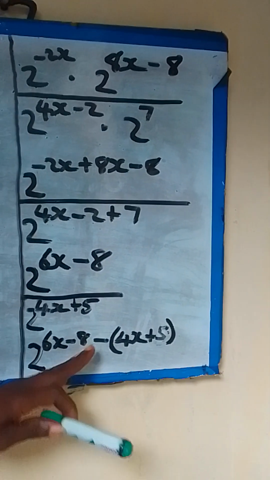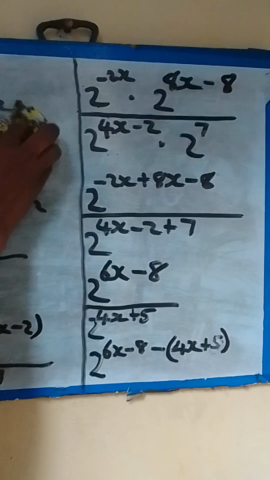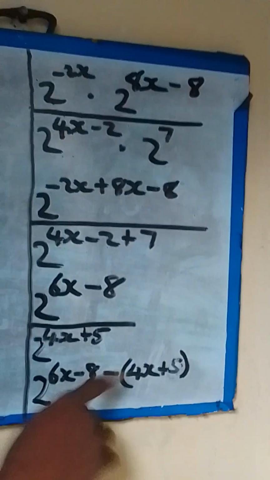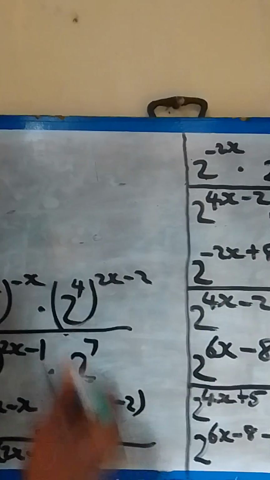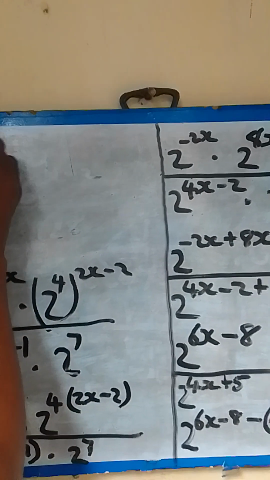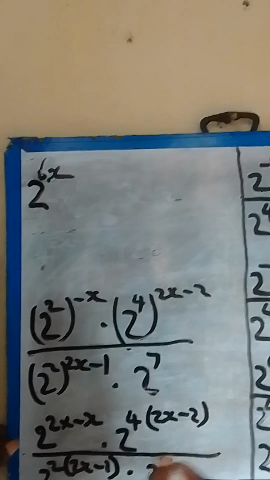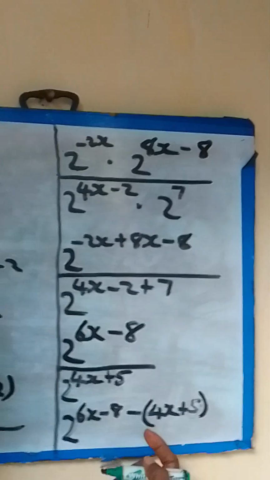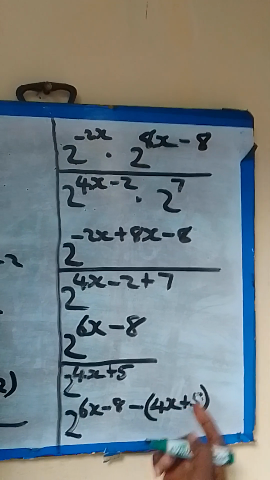So from here, you now see that you are going to have 2 raised to power 6x minus 8. So this minus is guiding these numbers here in the bracket.